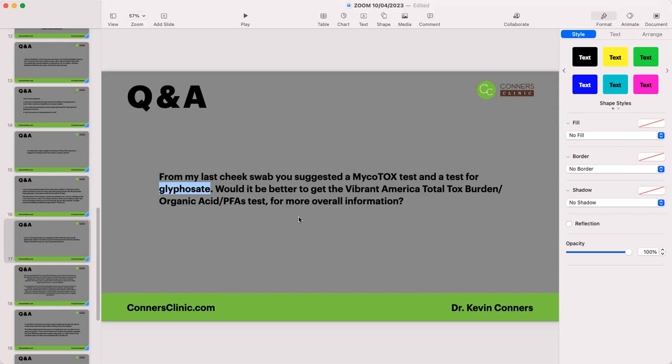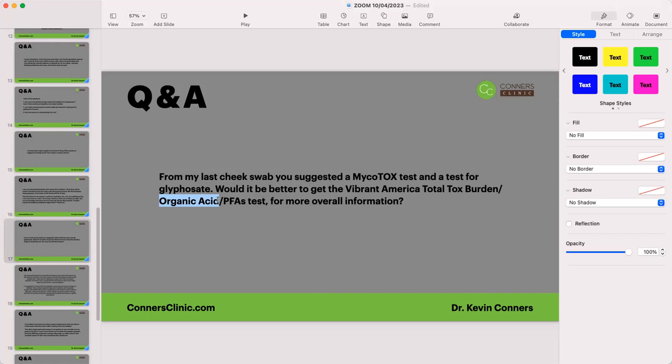There's pros and cons to the organic acid test. To me, I think the negative to the organic acid test is that the information gleaned from it changes on a daily basis. So I think this is a less beneficial test.